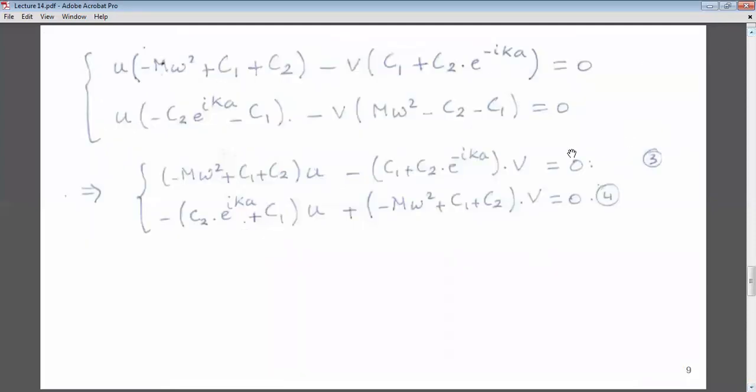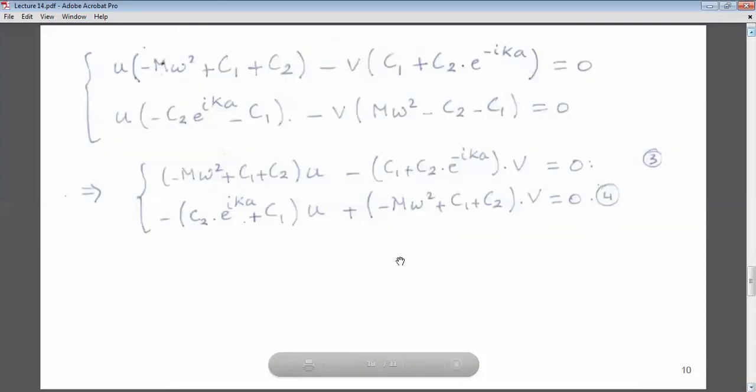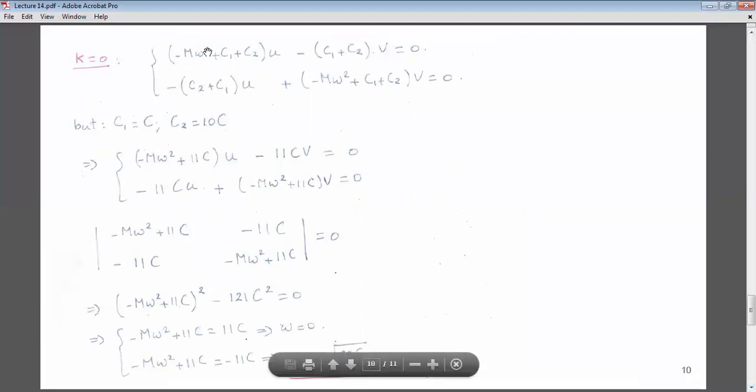Even before that, by just putting k equal to 0, what happens at k equal to 0 is that I will get minus (C1 plus C2). So I will get (minus m omega squared plus C1 plus C2) u minus (C1 plus C2) v. And the other one will be minus (C2 plus C1) u plus (minus m omega squared plus C1 plus C2) v equal to 0. But C1 equals C, C2 equals 10C. So I just plug them in this, and then I get the determinant to be equal to 0.